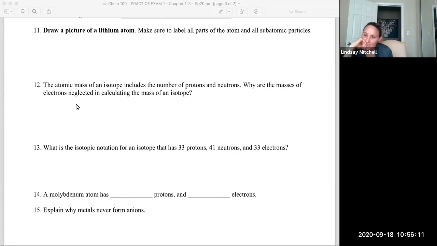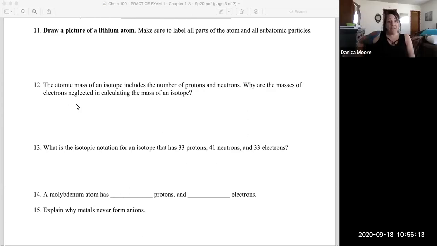So really, really small, but times 10 to the negative 27th is your order of magnitude for the protons and the neutrons. For the electron, it's times 10 to the negative 30. So it's literally 1,000 times smaller.